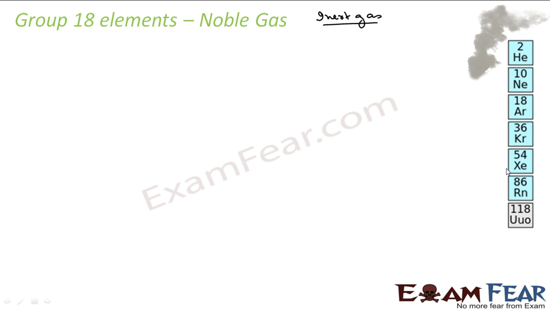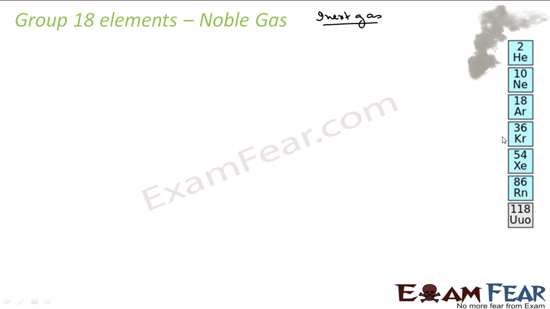Now if you see the names, the word helium came from helios, and that is sun. Neon came from a Greek word neos, which means new. Argon came from a Greek word argos, which means lazy.